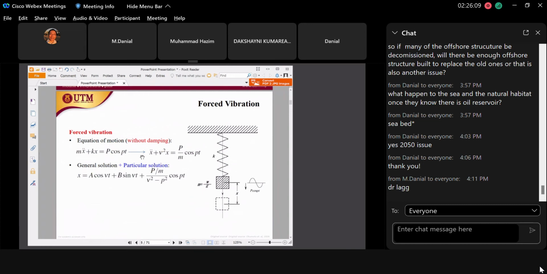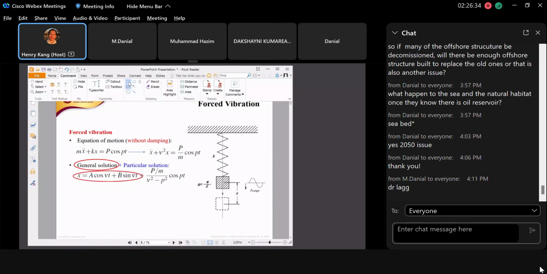So if the solution is A cos omega t plus B sin omega t, that is the general solution, plus the particular solution. The particular solution is accompanied with the force.